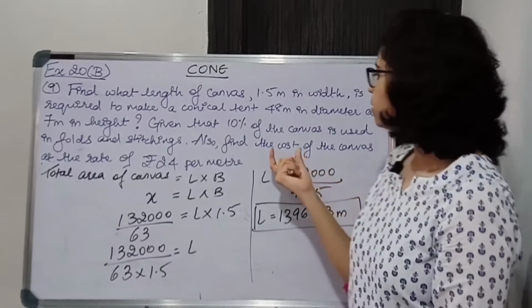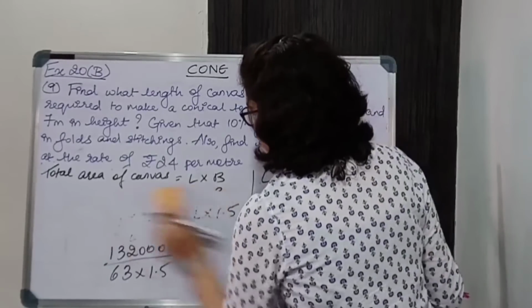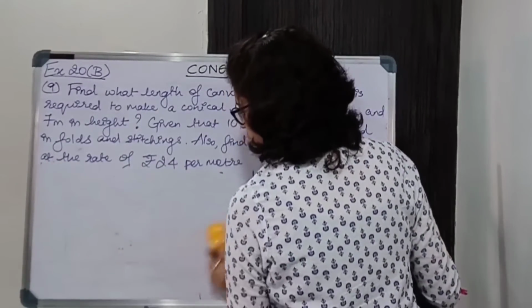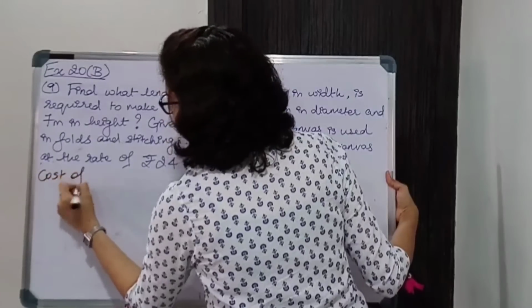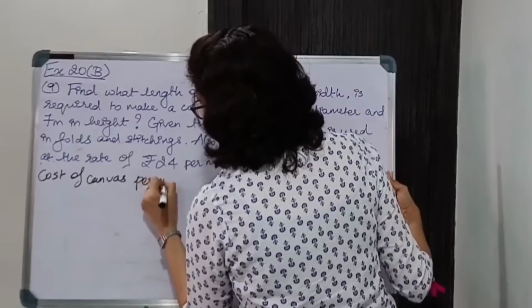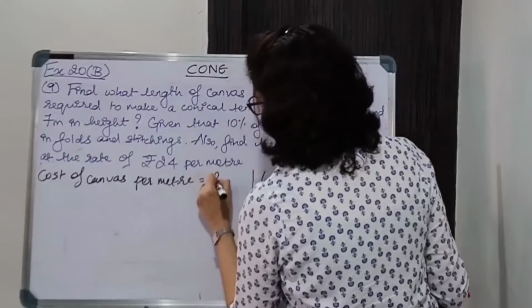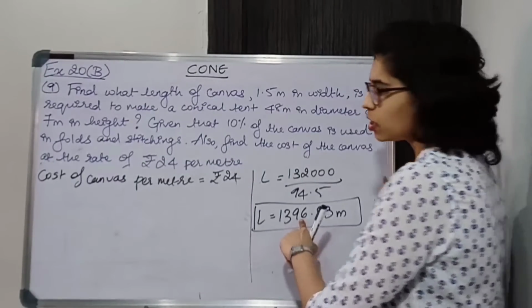Once we find the length, we can easily find the cost. Okay. So cost of canvas per meter is equal to ₹24. So cost of canvas for this much length.